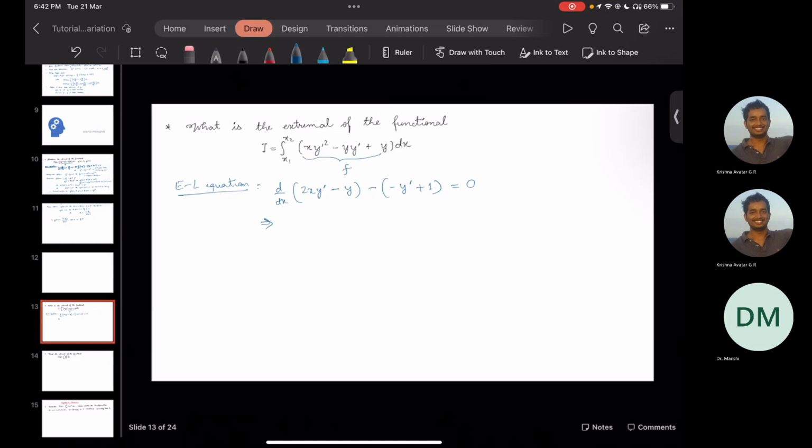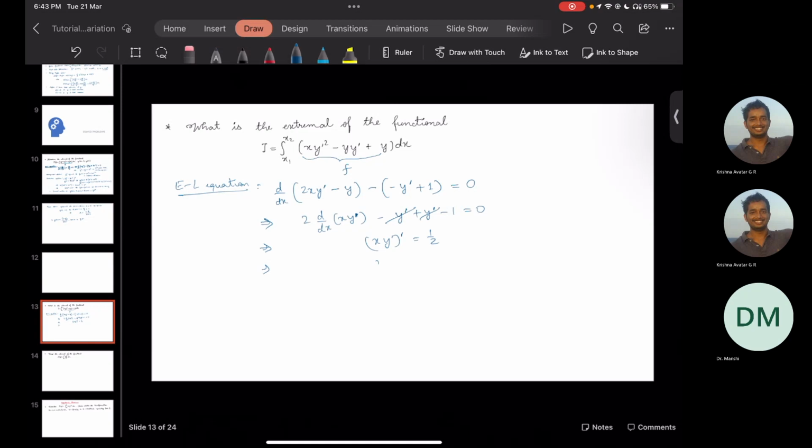Now let's take the first term. It is 2x y prime. I'll just take 2 out. So 2(x y prime) minus y prime plus y prime minus 1 is equal to 0, right? So this cancels out, and we have x y prime is equal to 1 by 2.